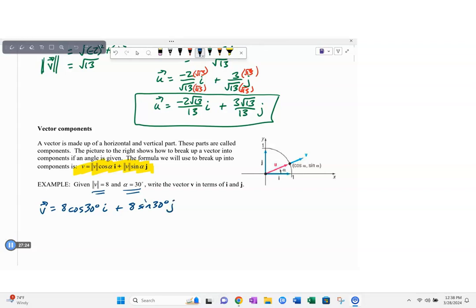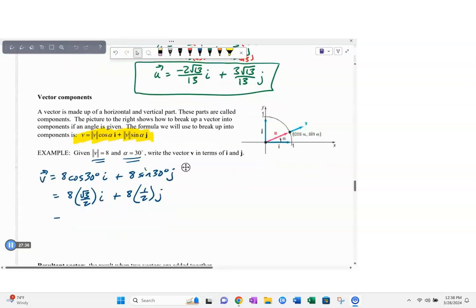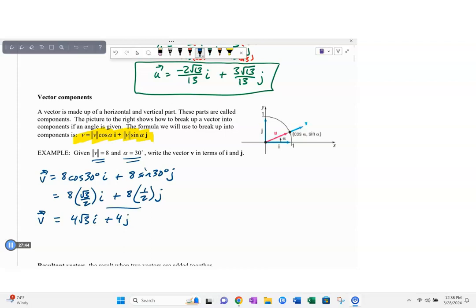We got the cosine of 30 degrees is root 3 over 2, and the sine of 30 degrees is a half. So we got 4 root 3 i plus 4 j, and that's vector v, given magnitude and that angle, 30 degrees, right?